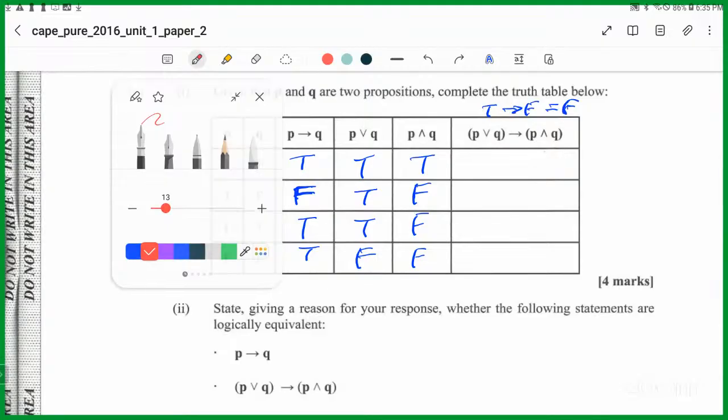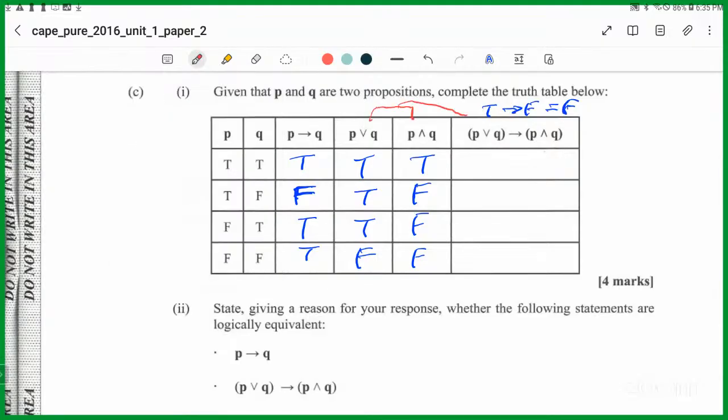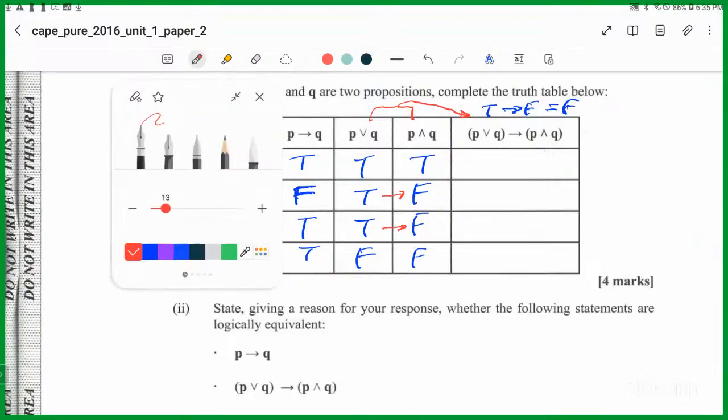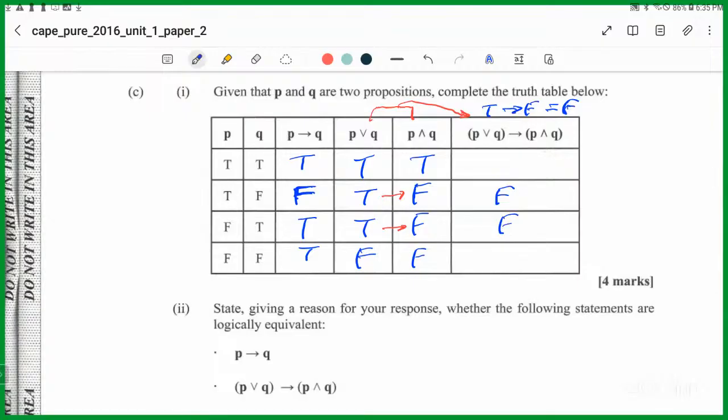We're doing these two to get that. Which is right here. True and false, true and false. So those are the two false ones. True implies false. So false, false, true, true. And that's the completed table.